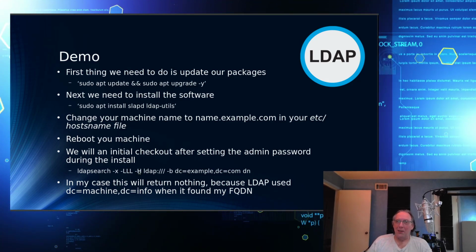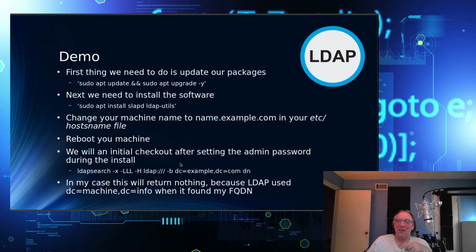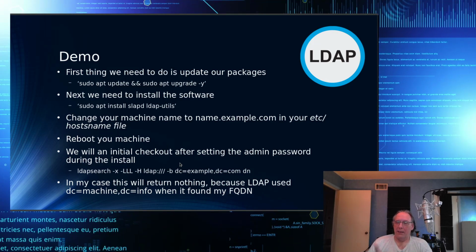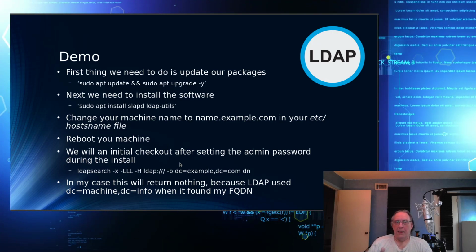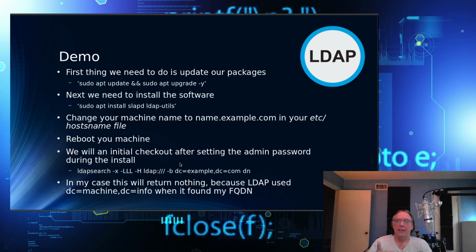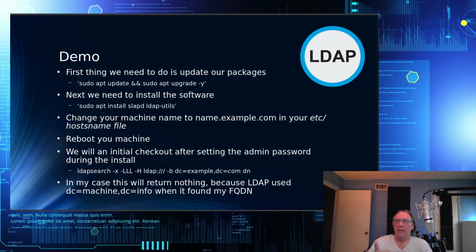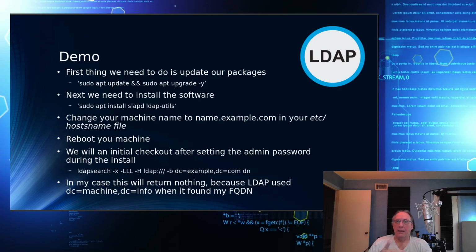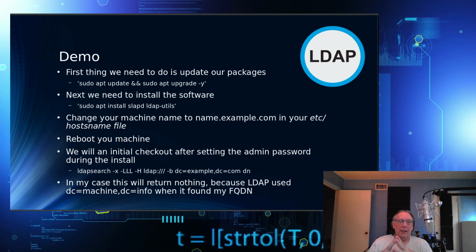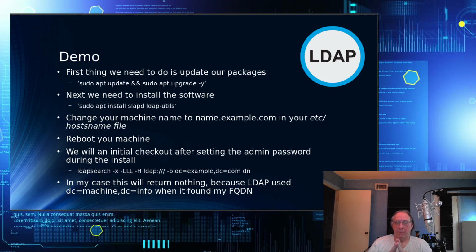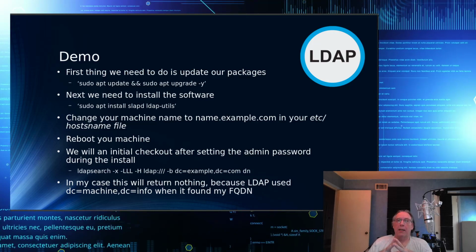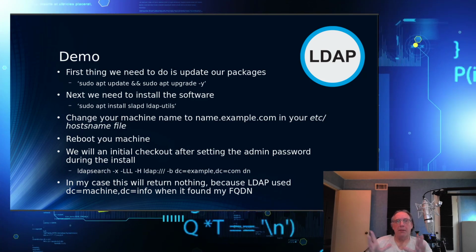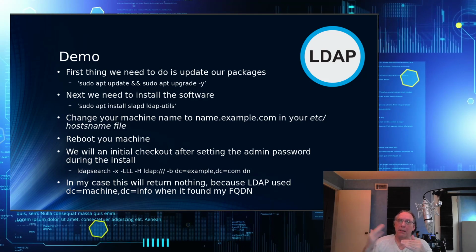You should change your machine name and reboot it first, before you install, because during the slapd install it's going to create the admin account, and that account will have a designation for the DC groups, one assigned to example and another to com. You want to have that ahead of time, before you have your machine defined. Otherwise, it's not going to create the DCs correctly.